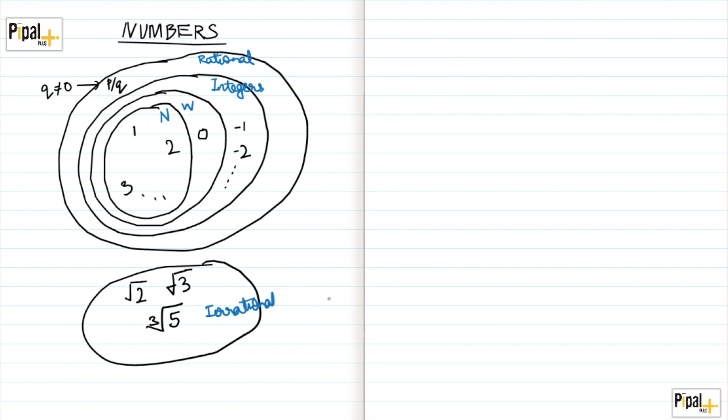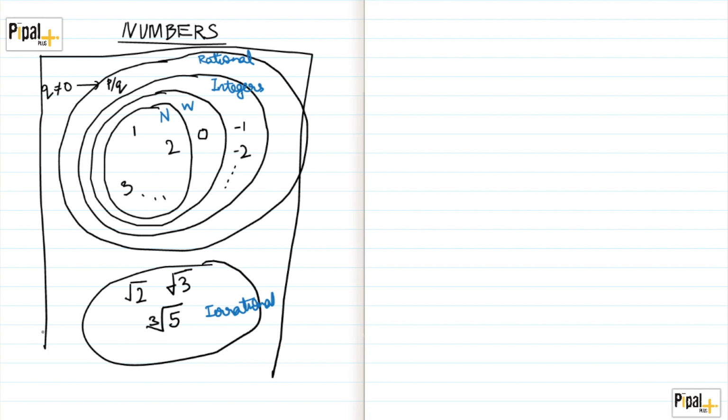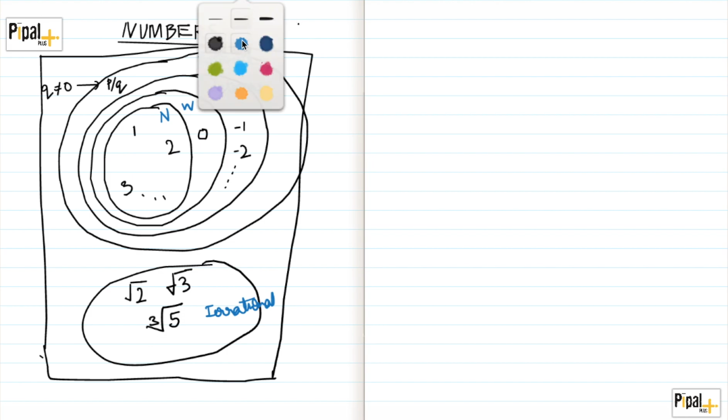Now, the combination of rational and irrational, right? So the superset of both of these, excuse this line which is just crossed into rational, but actually this line should be covering the rational and the irrational completely. The combination of both of these is my real numbers.